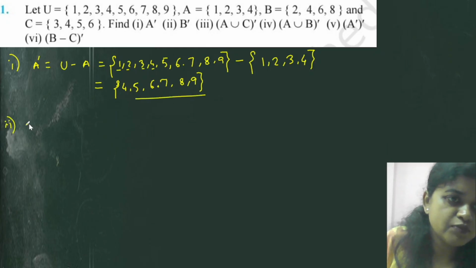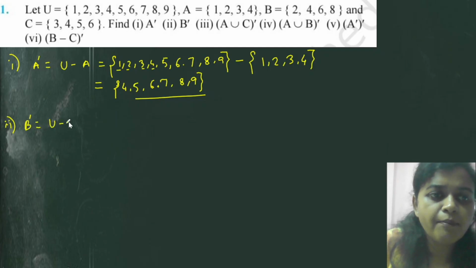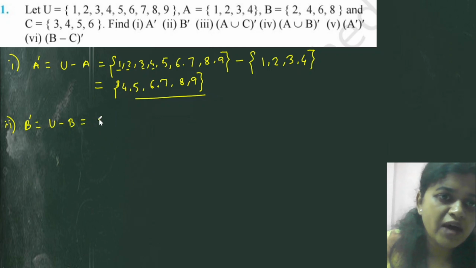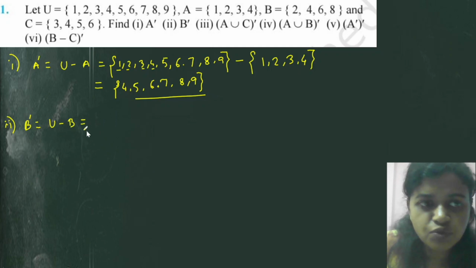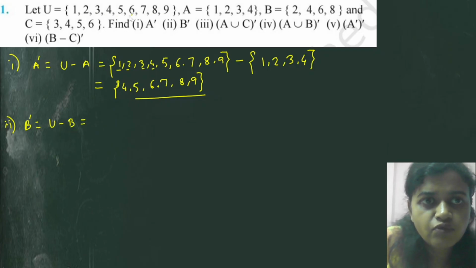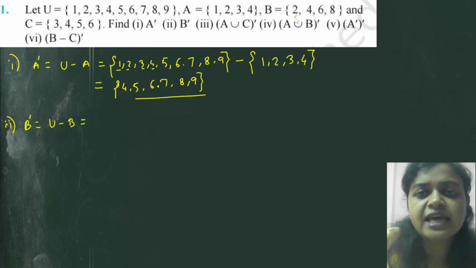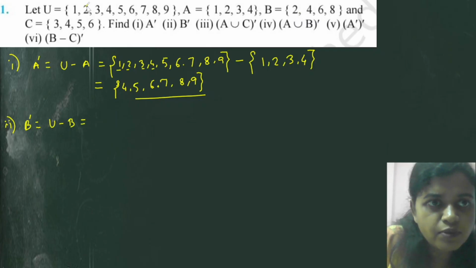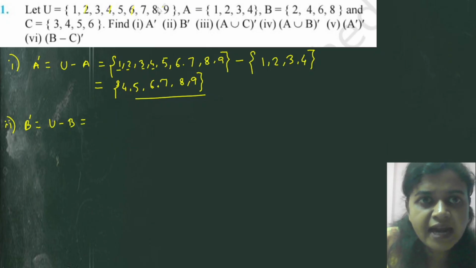Now 2. B complement, how can you find B complement? Similarly, U minus B. I am not writing this whole set of U again. U is 1, 2, 3, 4, 5, 6, 7, 8, 9, and you have to remove the elements of B, which are 2, 4, 6 and 8.